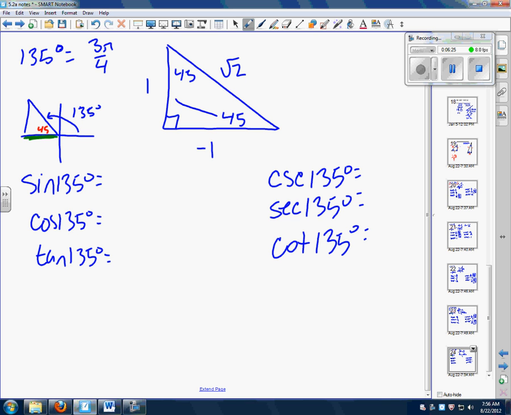So now sine of 135, opposite over hypotenuse, we rationalize, the exact same value that happened at 45 degrees. Cosine 135, so adjacent over hypotenuse, rationalize, it's the exact same number that happened at pi over 4, it's just now negative. Sine and cosine are still the same number, just a different sign.